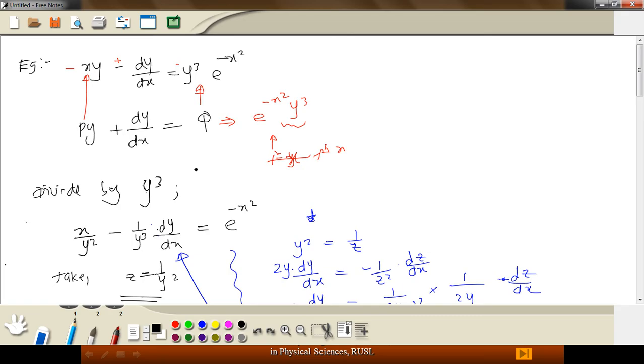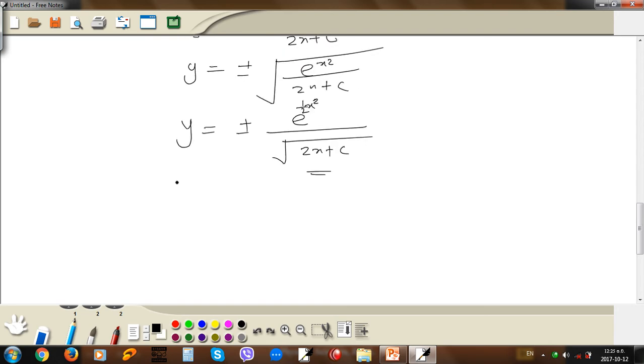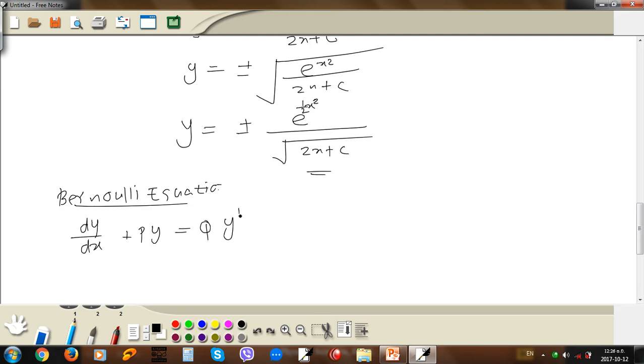There is a general case for the Bernoulli equation. A Bernoulli equation means this form: dy by dx plus py equals q, and additionally we have y to the power n, where p and q are functions of x but not y, right?